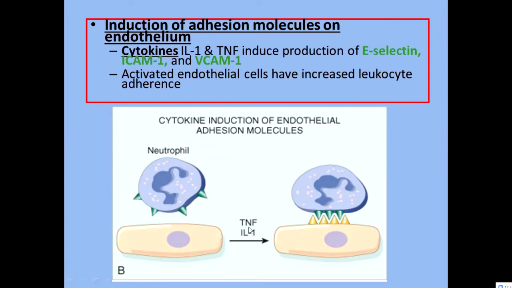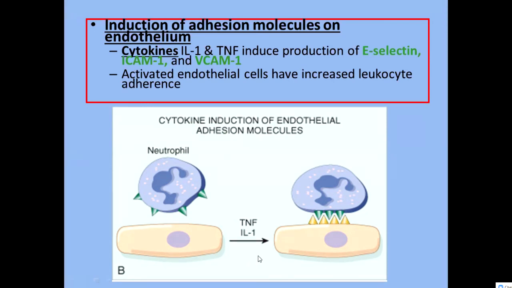Interleukin-1 and tumor necrosis factor are secreted by the endothelial cell. They are secreted by the neutrophils. They are secreted by the macrophages, monocytes. All the inflammatory cells will secrete this tumor necrosis factor and interleukin-1, majorly the macrophages.